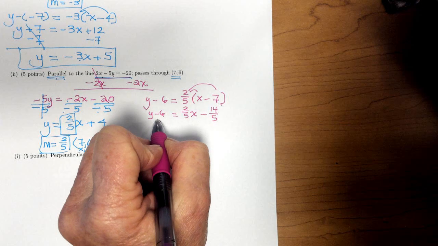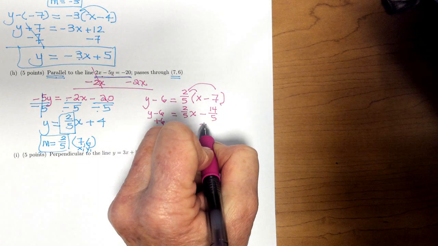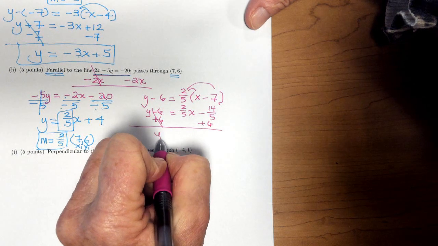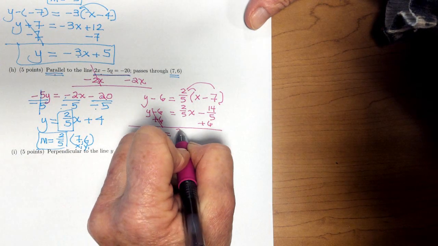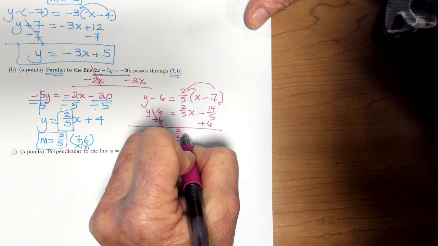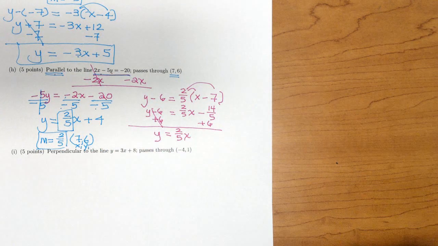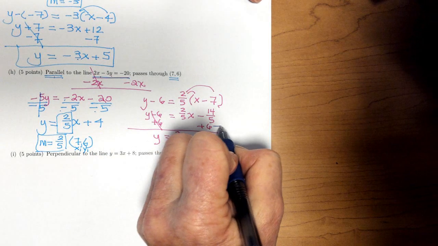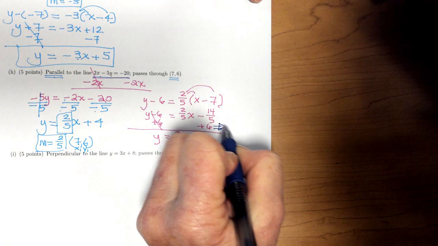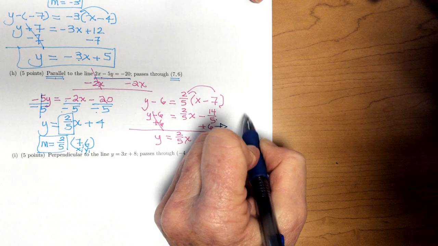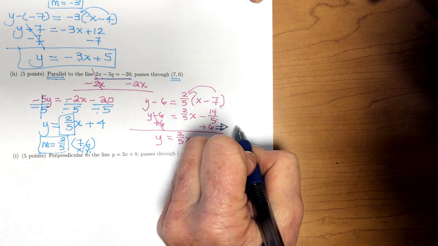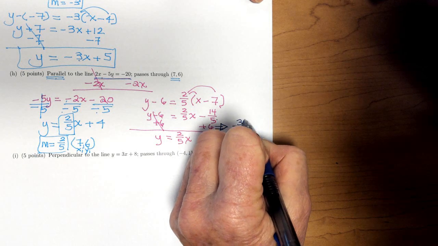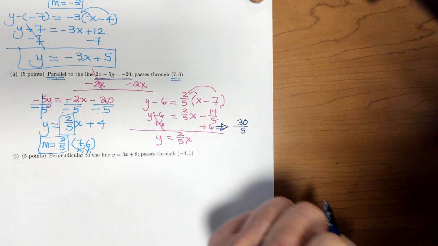So now I'm going to add 6 to both sides, which means I'm left with y is equal to 2/5 x. And now I need to do some arithmetic. So I want you to think about, how can I change 6 whole into fifths? Well, I can do that by multiplying 6 by 5, which gives me 30/5.